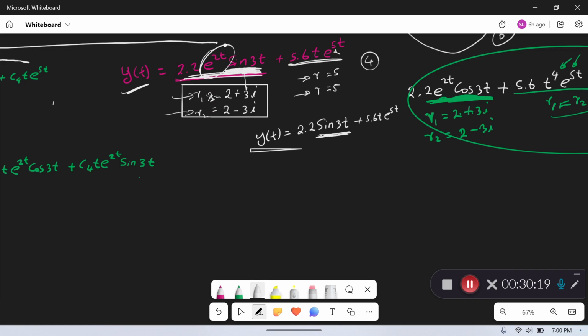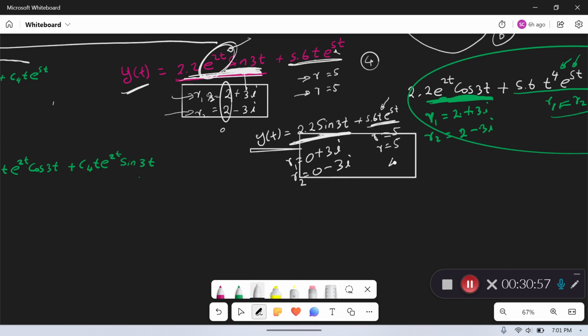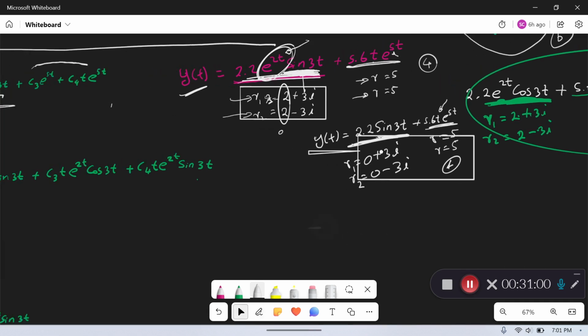However, this exponential term is equal to 1. And the only way to make this 1 is by making the real part of the complex root equal to 0. So basically, what you have is 0 plus 3i, and the other root is 0 minus 3i. Those will be the two roots corresponding to this term. And for this term, since you have a t here, the root has been repeated 2 times. So we have r equals 5 and r equals 5. Once again, you have 4 as the minimum order of the polynomial.